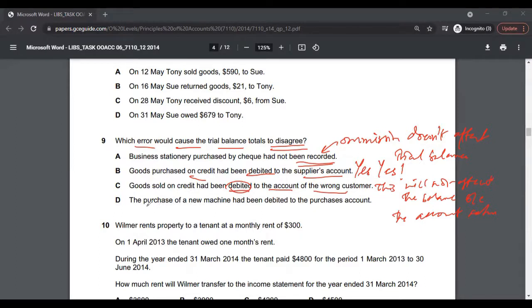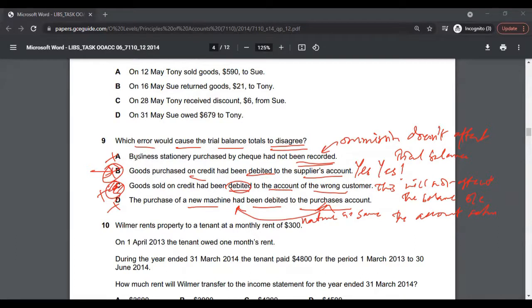Option D: the purchase of a new machine had been debited to the purchase account. Again, the nature of the purchase account and the machine is the same. So option D is incorrect. Option A is incorrect. The correct answer to multiple choice 9 is actually option B, not option C. Option C will balance out.